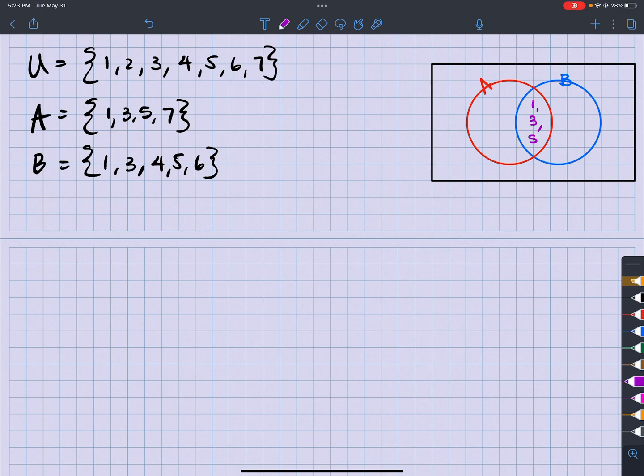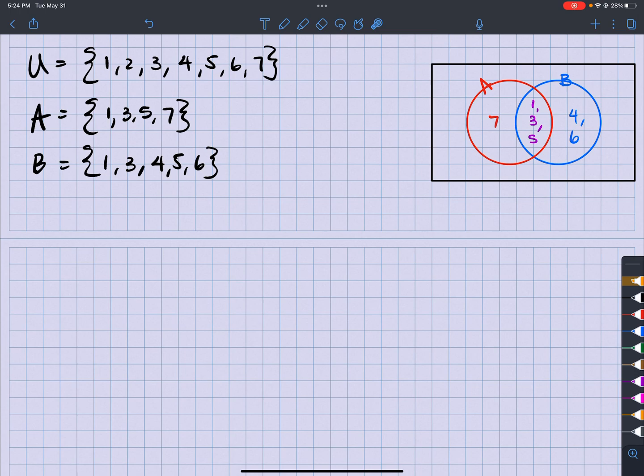All right. So what else is A missing? A is missing a 7. And B is missing 4 and 6. Okay? So if I look at just the red right now, I see 1, 3, 5, 7. If I look at just the blue right now, I see 1, 3, 4, 5, 6.